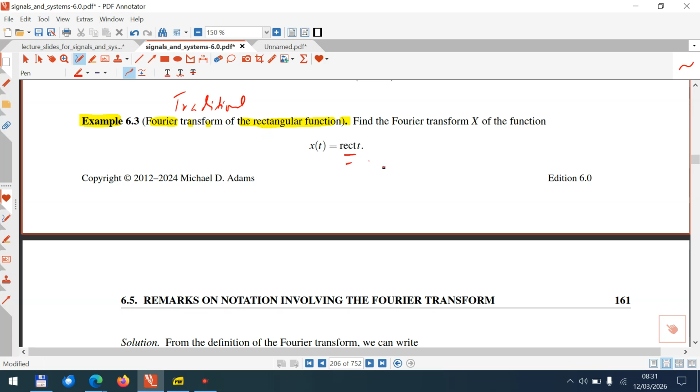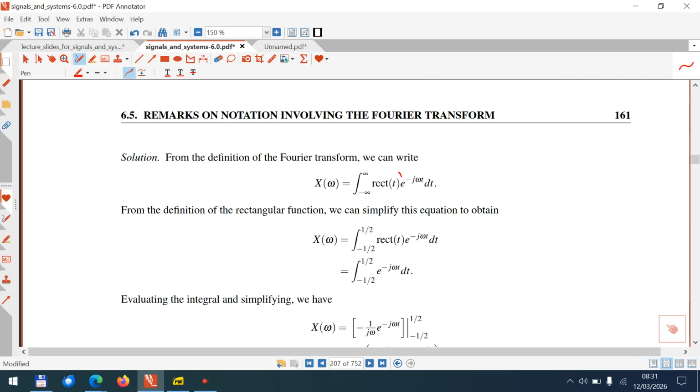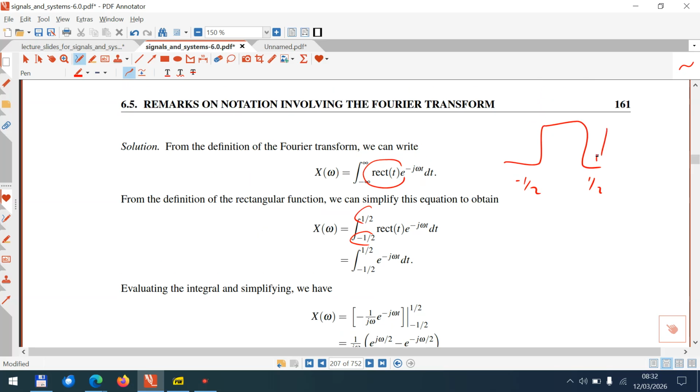So let's say we have a rect function, which will look like that. And you apply this integral to the rect function. And you know the rect function is only from minus half to plus half, right? So the limits are practically minus half to plus half. And the value is 1.